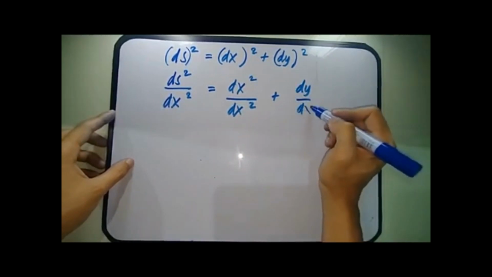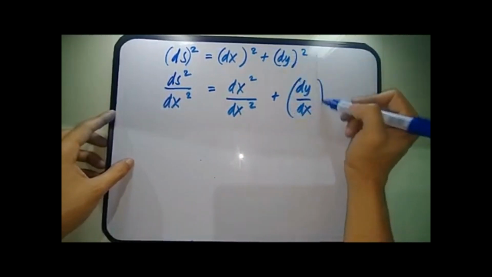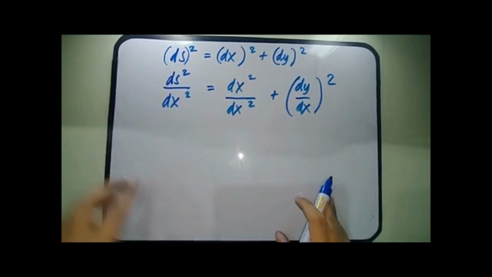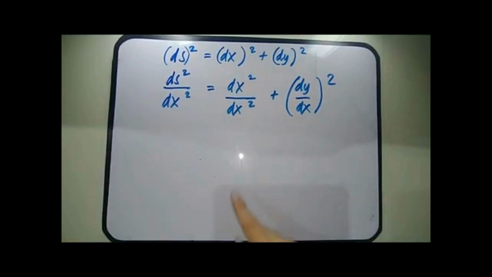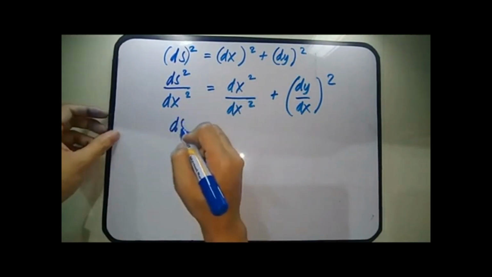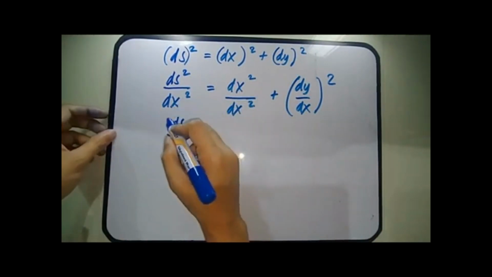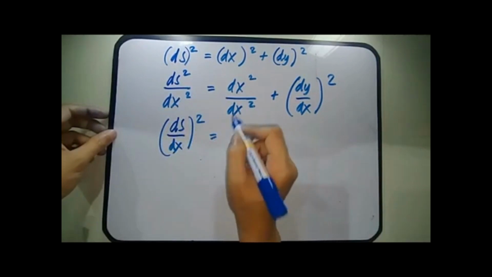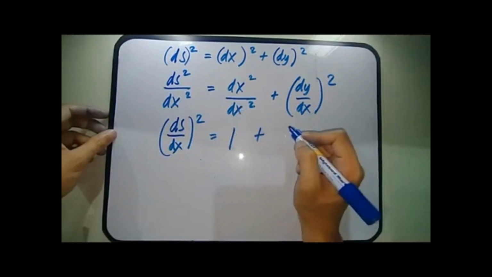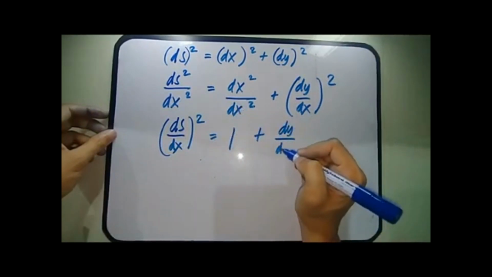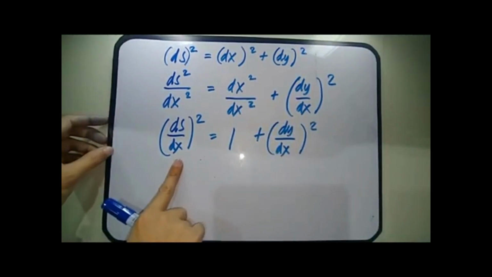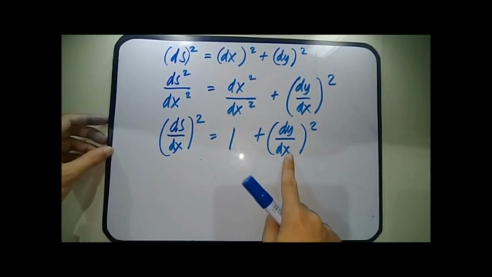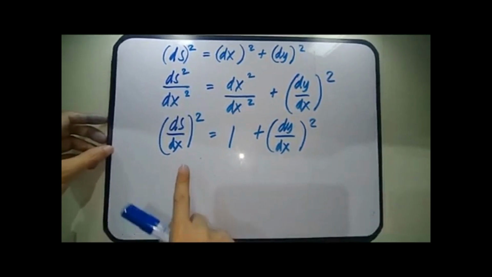So differential of x squared all over differential of x squared plus differential of y squared all over differential of x squared. So you can cancel this out, so that is 1. So differential of s squared over differential of x squared is equal to 1 plus the square of differential of y with respect to x squared.